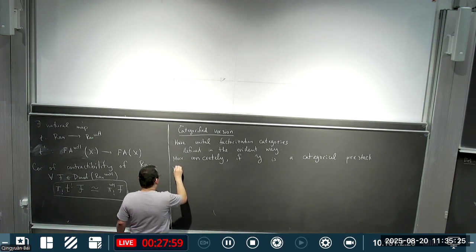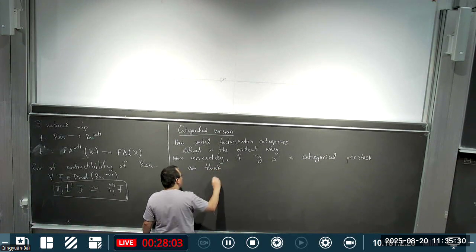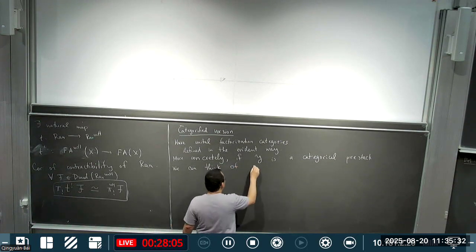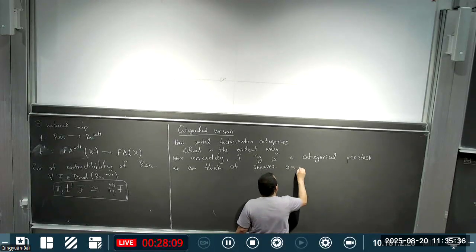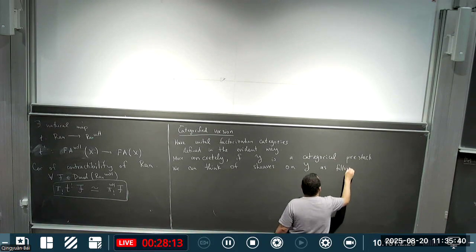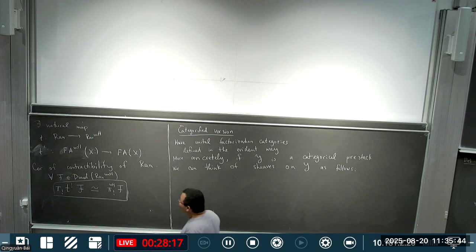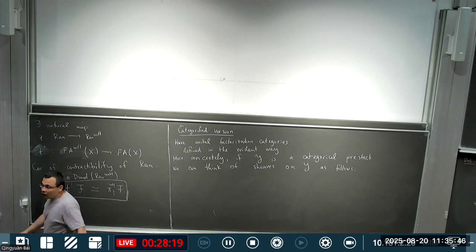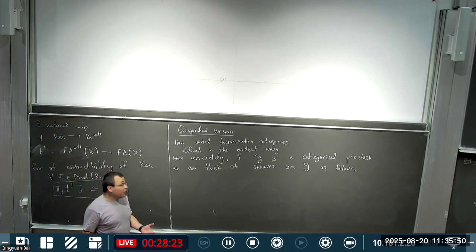We can think of sheaves on Y as follows. If you don't like this notion of categorical pre-stacks, here's a much more down to earth way of thinking about it.